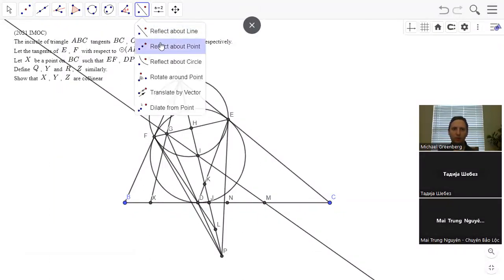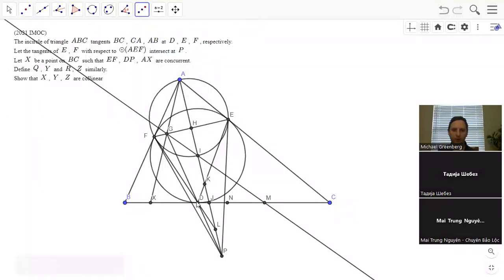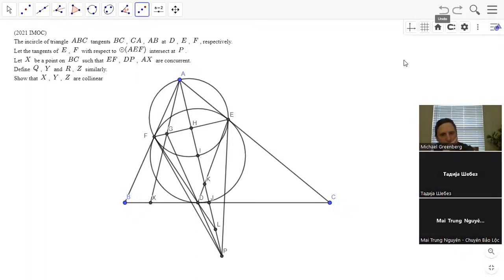Yeah, I don't think it's true. Reflect D over N. Yeah, it's not the X touch point. But EF, IF and IE are perpendicular to the sides.